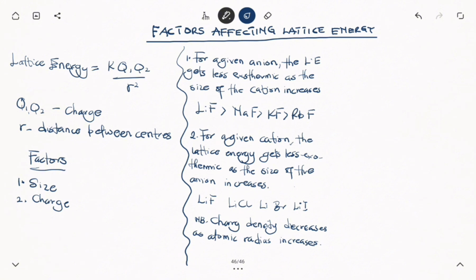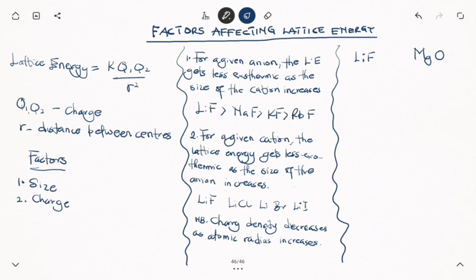Is that okay? So I would like us to compare the following and see which one will have a higher lattice energy. So if you take lithium fluoride and magnesium oxide, which one is going to have a higher lattice energy?